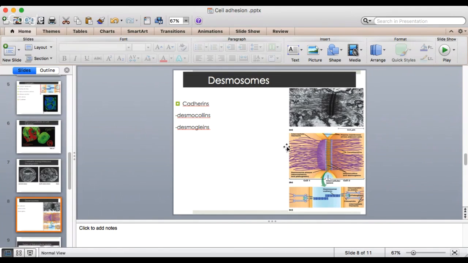Desmosomes typically do rely on cadherins, and the types of cadherins found in desmosomes are desmocollins and desmogleins. Shown in part A of this figure is an electron micrograph of a desmosome which joins two cells together.